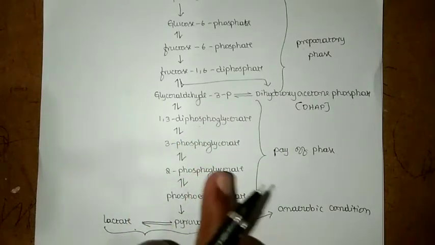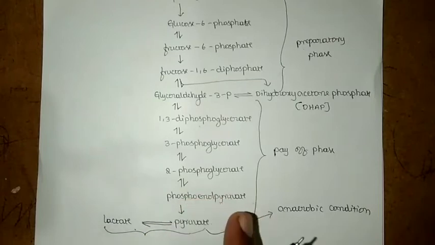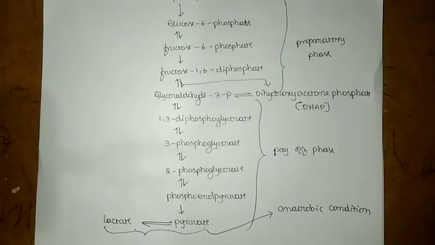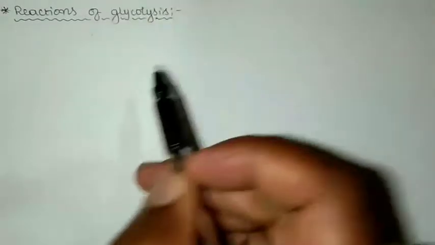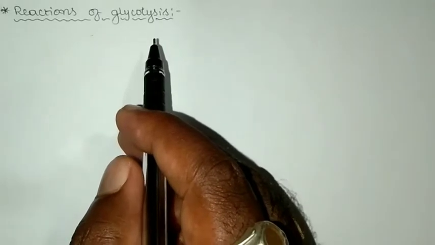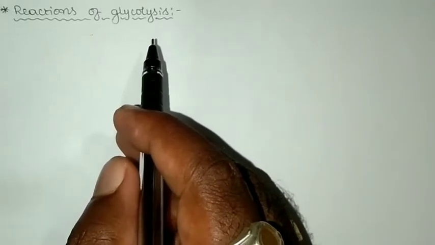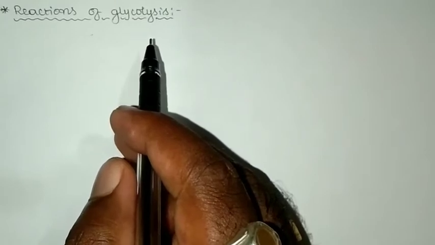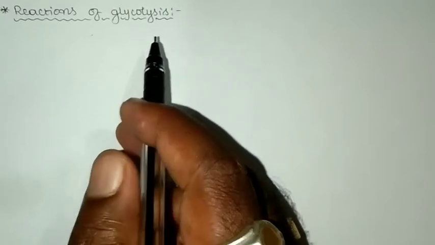And now we shall go with the detailed reactions for each and every conversion. We shall see which enzymes actually take part in making the conversion of one precursor into another.